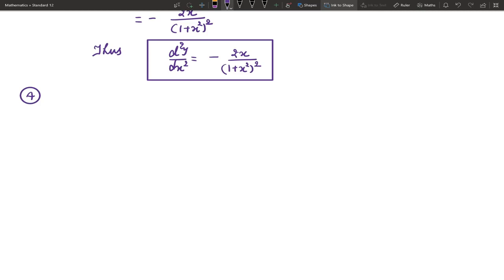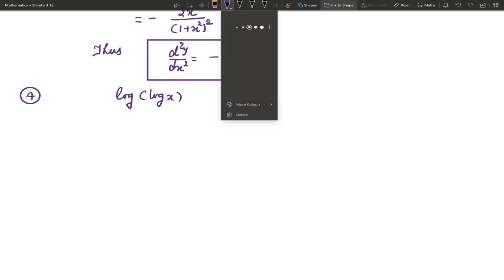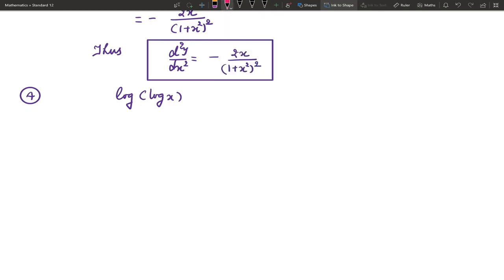Log of log x, we have to obtain the second order derivative for this one. So let us denote this by y. Solution: let y equal to log of log x.